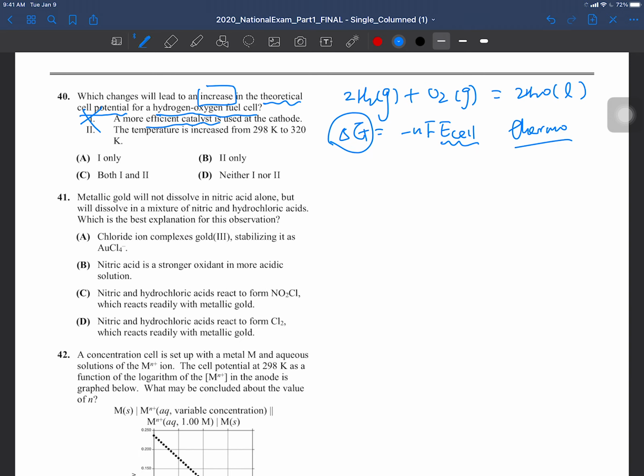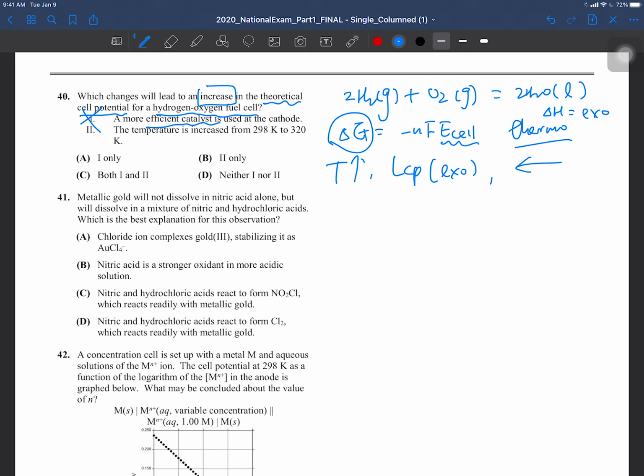Number 2, the temperature is increased. So this reaction obviously is exothermic, right? Because it is a combustion, it's a fuel cell, right? So no doubt it is an exothermic reaction. So with a temperature increase, according to LCP, for an exothermic reaction, how does the equilibrium shift? The equilibrium will shift to the left side, right?